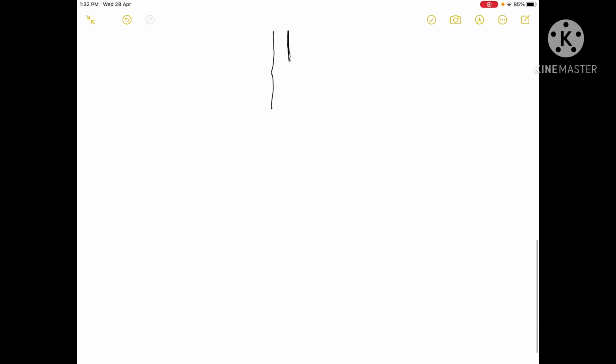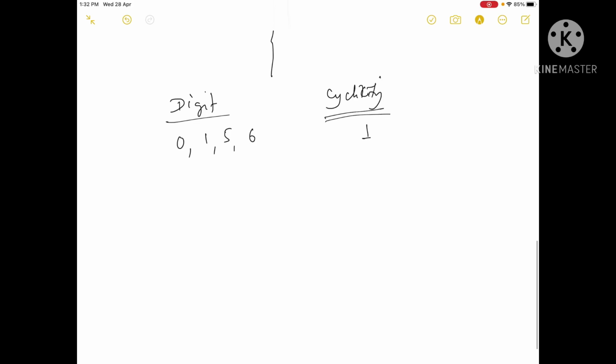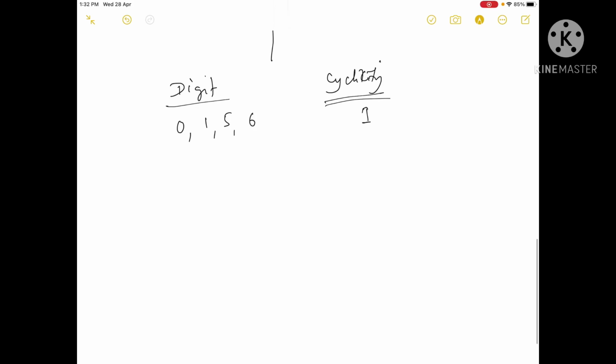Similarly, we can find the cyclicity of 0, 1, 2, 3, 4, 5, 6, 7, 8 and 9. I am just noting down the digits and the corresponding cyclicity. If the digit is 0, 1, 5 or 6, its cyclicity is 1.